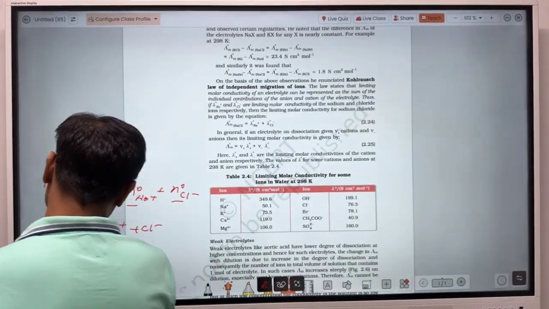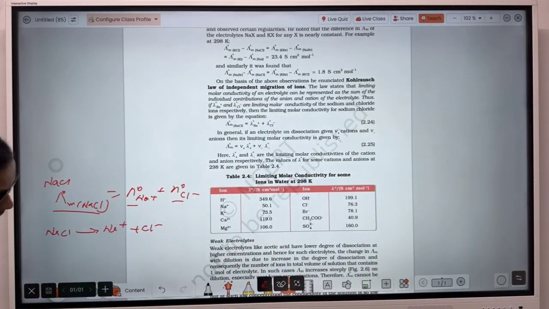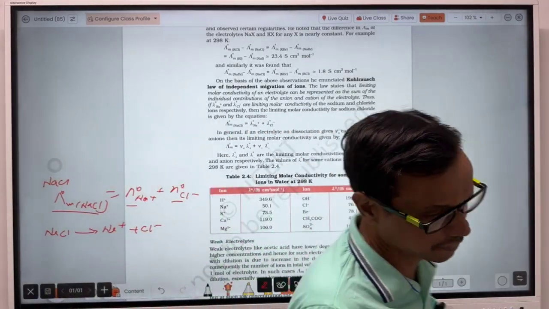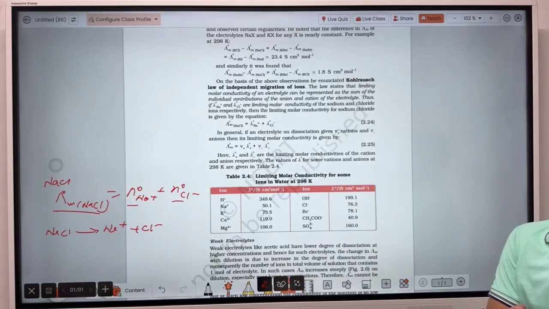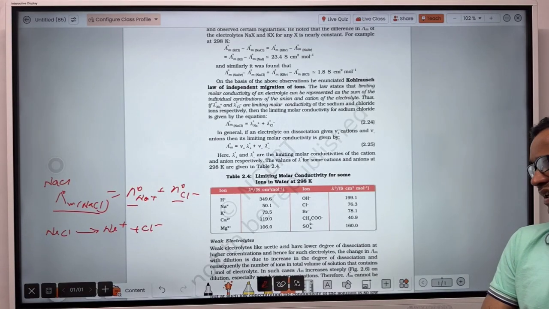So Kohlrausch's law states that the limiting molar conductivity of a strong electrolyte will be equal to the summation of the limiting molar conductivity of the cation and anion obtained from that electrolyte.